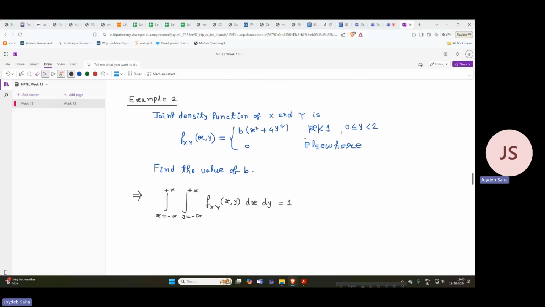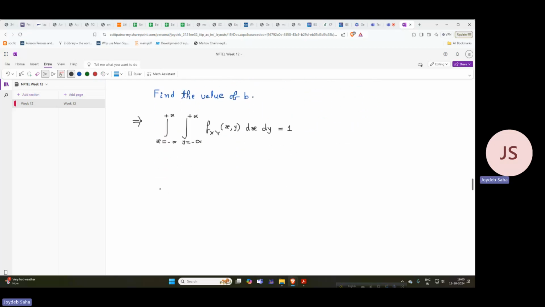So what will be the limit of x for this value? X will be minus 1 to 1, right?